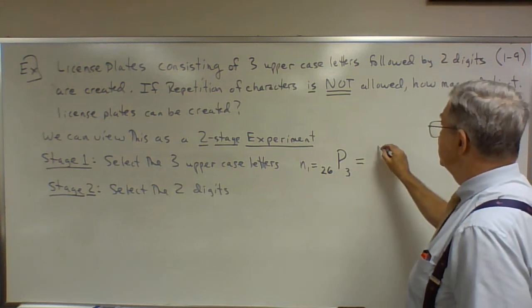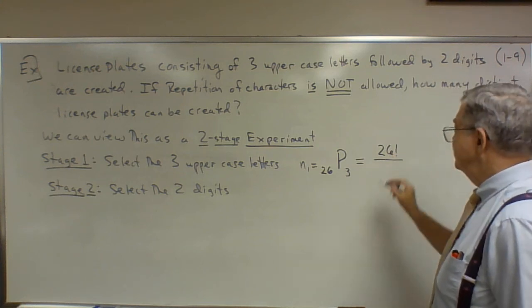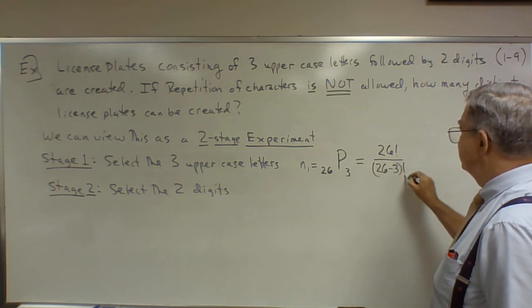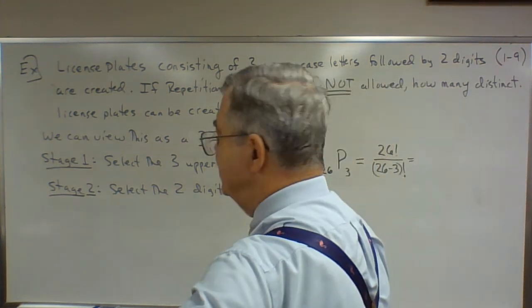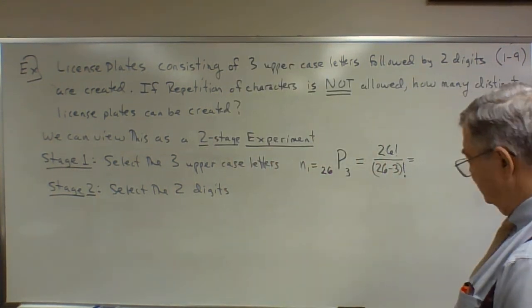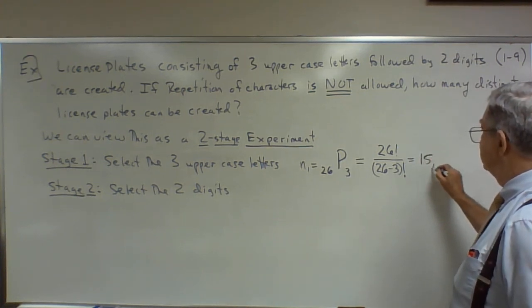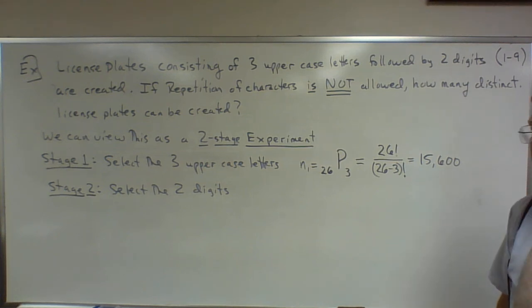And that's going to equal 26 factorial over 26 minus 3 factorial. And do I know what that is? I think so. 15,600. Crunch that out on your calculators and make sure that's what you get.